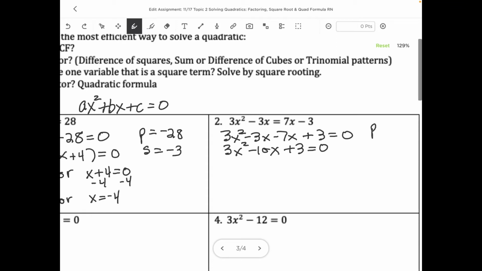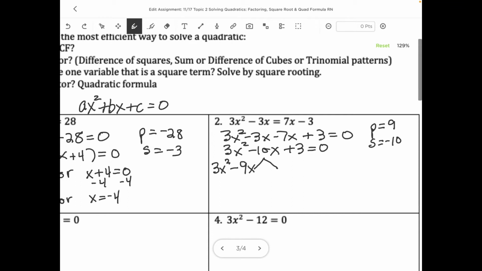So for split the middle, we're now looking for a product of 9 and a sum of negative 10. So your product would be multiplying A times C, and your sum would be B. And you're going to split the middle term into what you get. So product of positive 9, so I think we need to do negative 1 and negative 9.